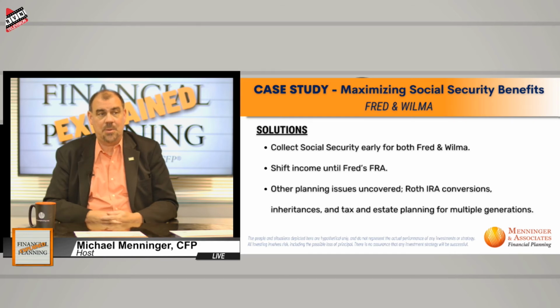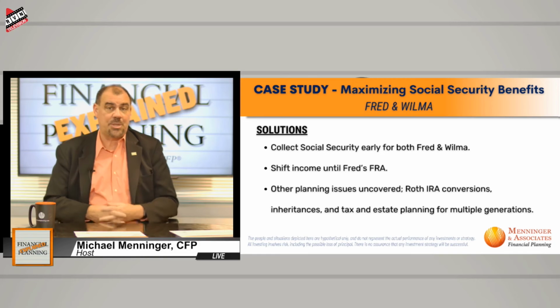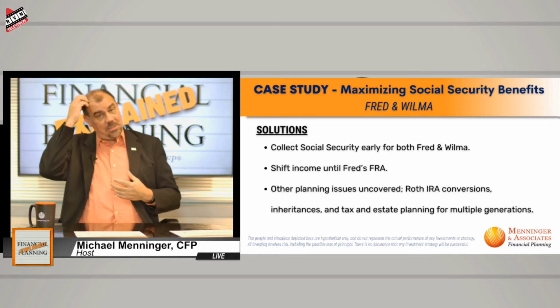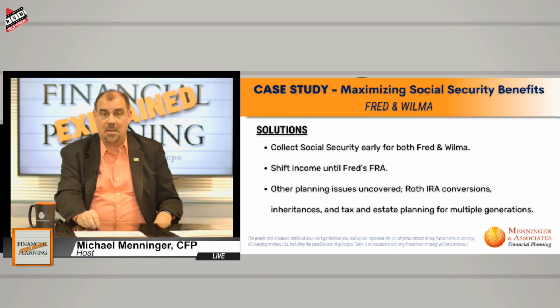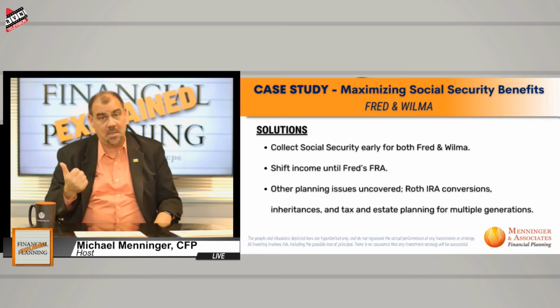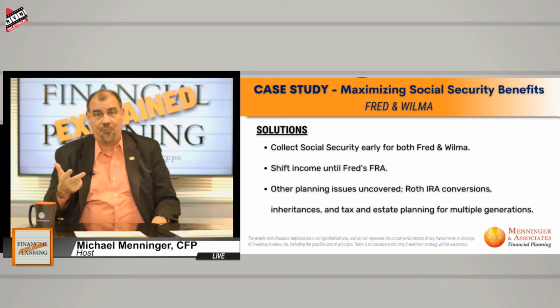So this now becomes multi-generational planning, which I love doing. So what we're going to be doing is financial planning from an estate planning and a distribution planning and a tax planning perspective for up to 4 generations.